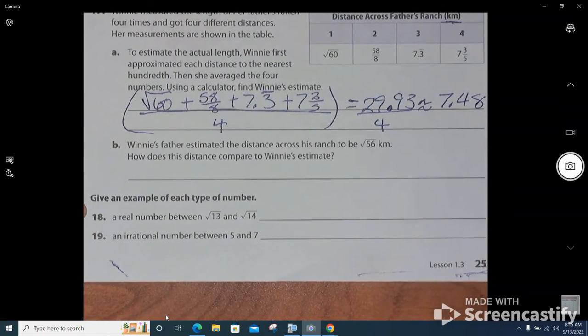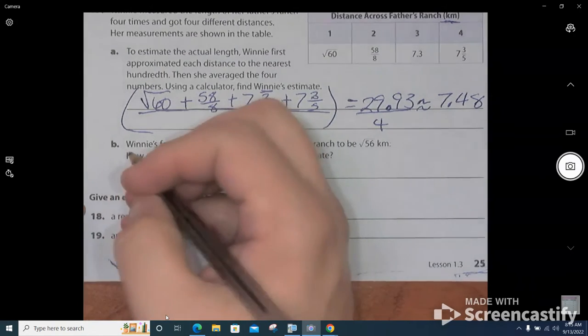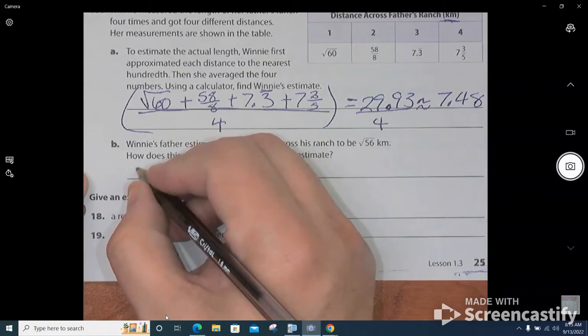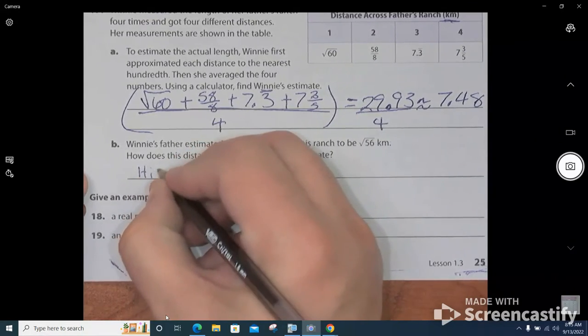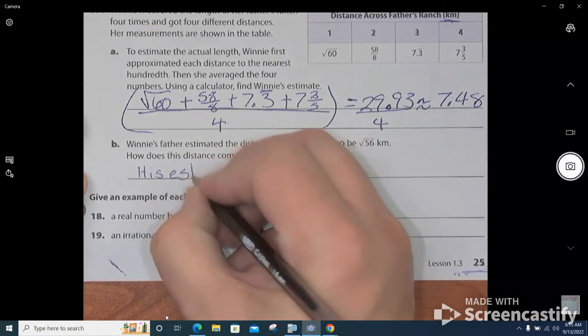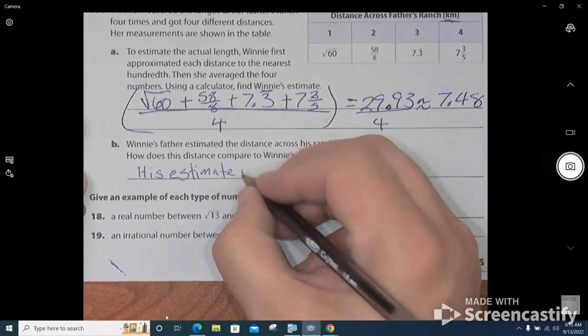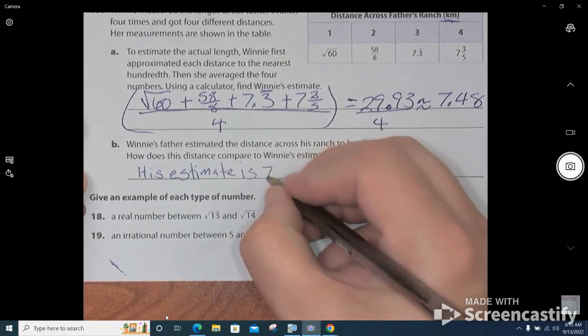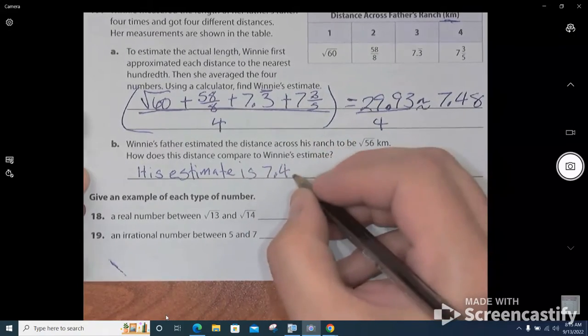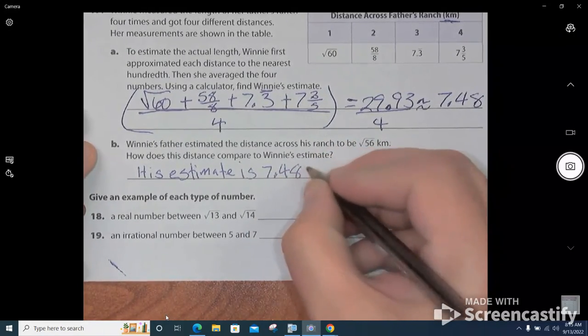So how would I word that? His estimate is 7.4833.